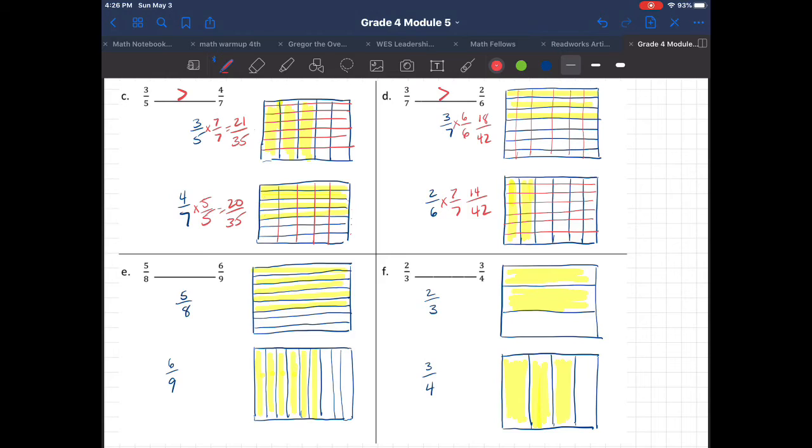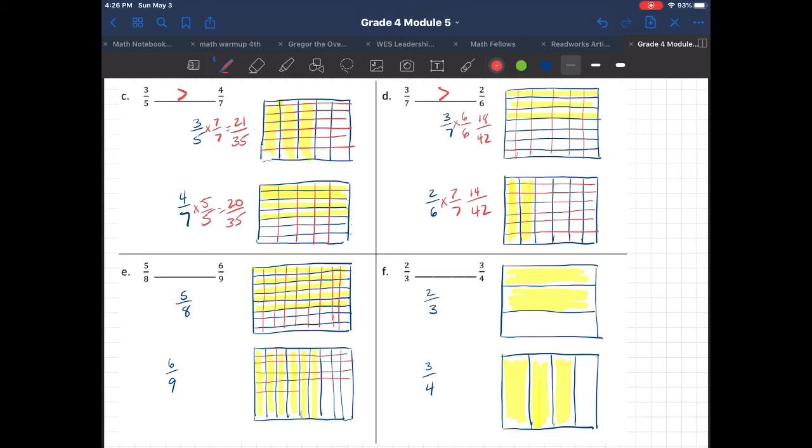4 5/8 and 6/9. I'm gonna draw in my opposite lines here. So they're matching up, and this way I'm going to make other way.